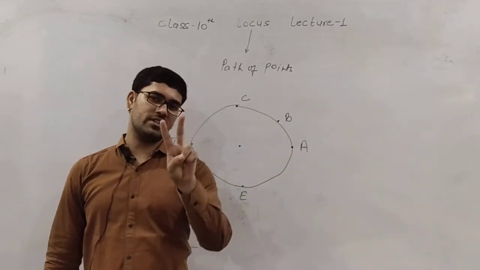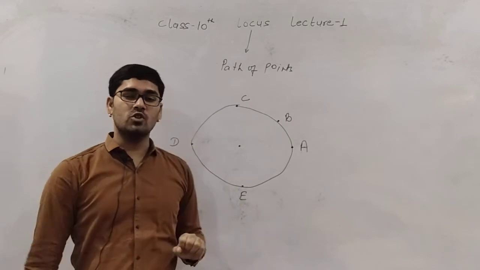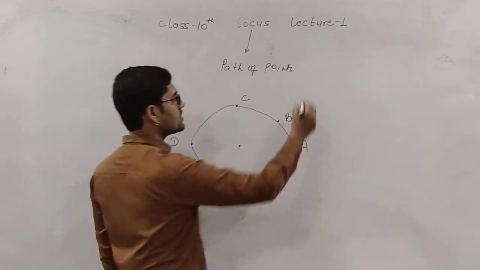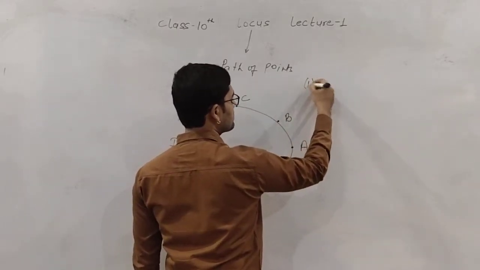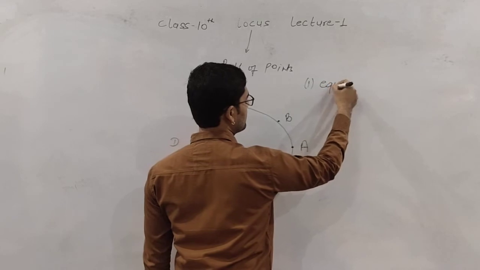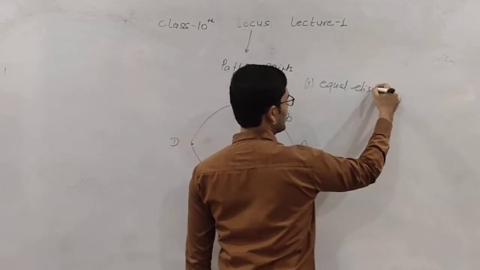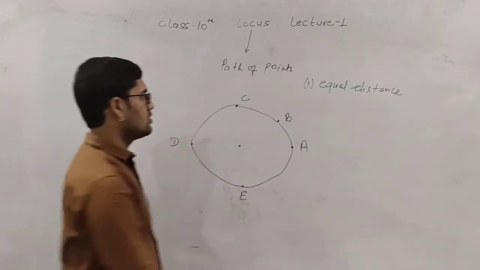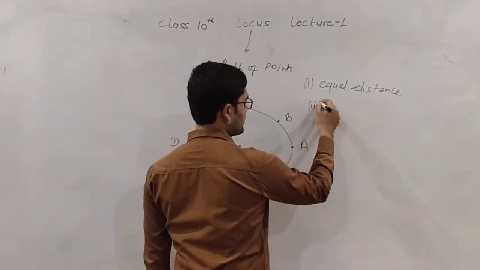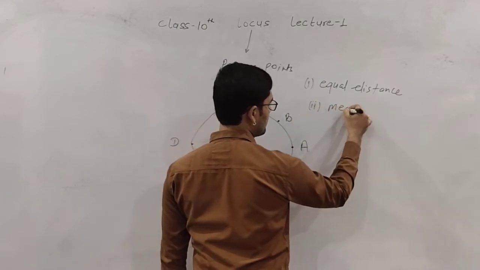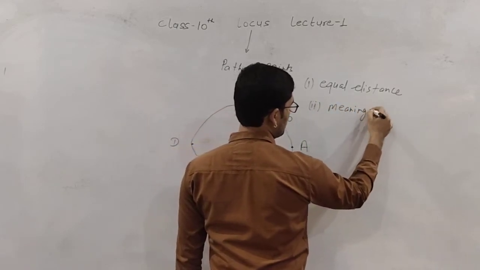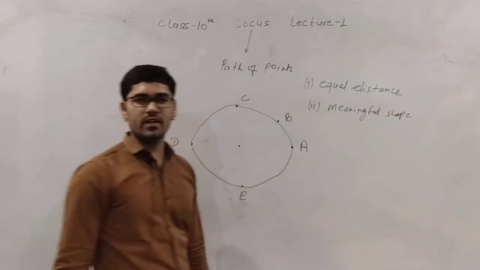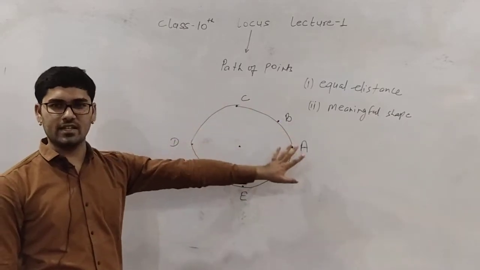Clear? With the help of this example, you may have obtained a concept of what locus is. The first point is that there is equal distance between the points. The other thing is that there is a meaningful shape, a meaningful figure, like this circle.